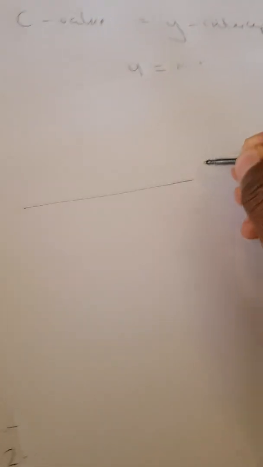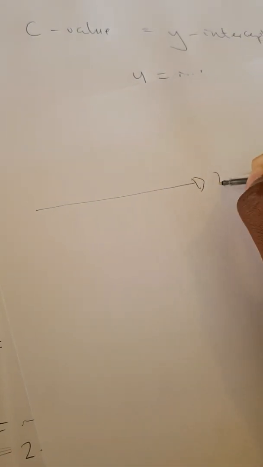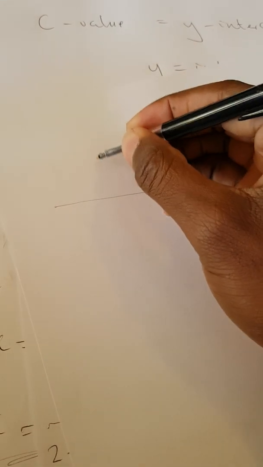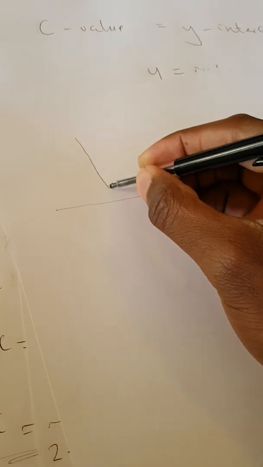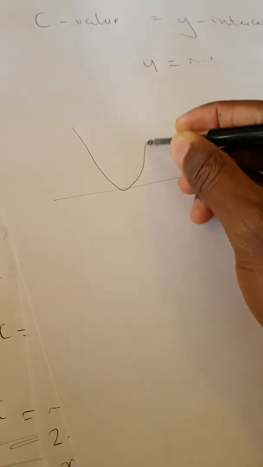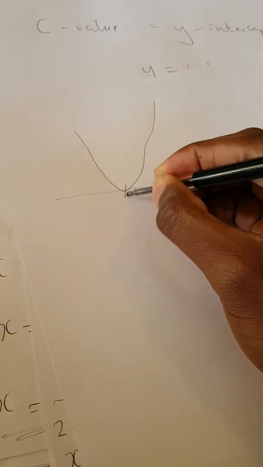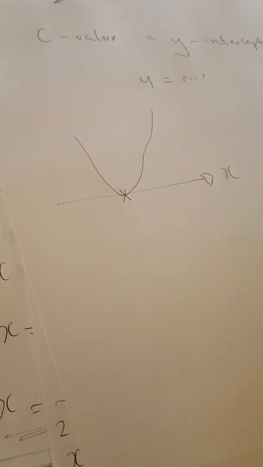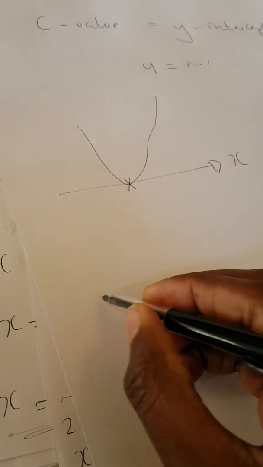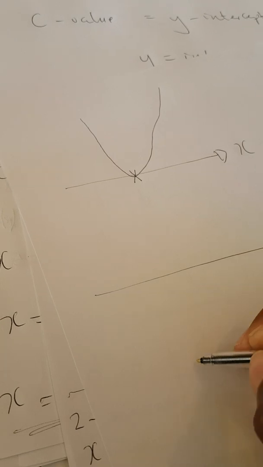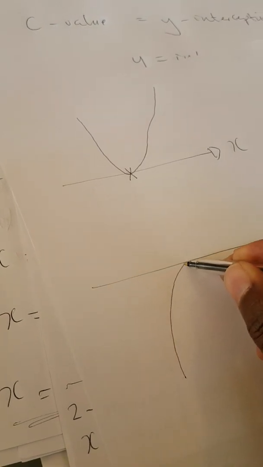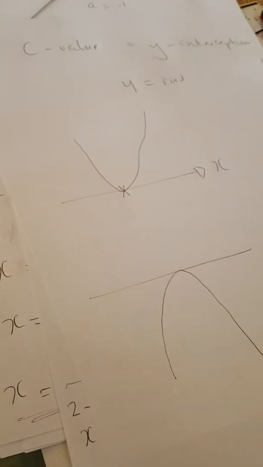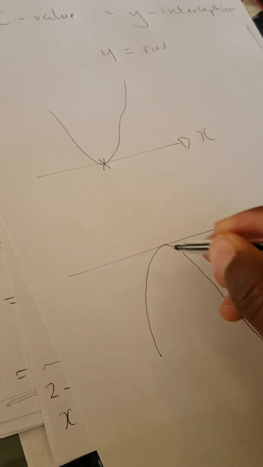This is your x-axis. If you have one x-intercept, it means your graph must cut the x-axis just once like this. Or sometimes the graph can touch it like this. So this is one x-intercept here.